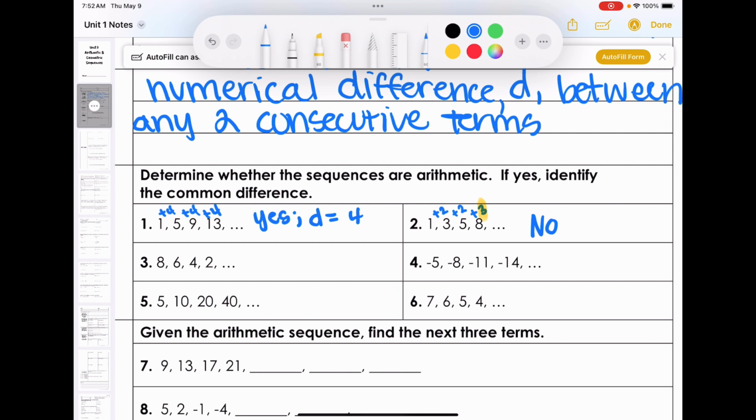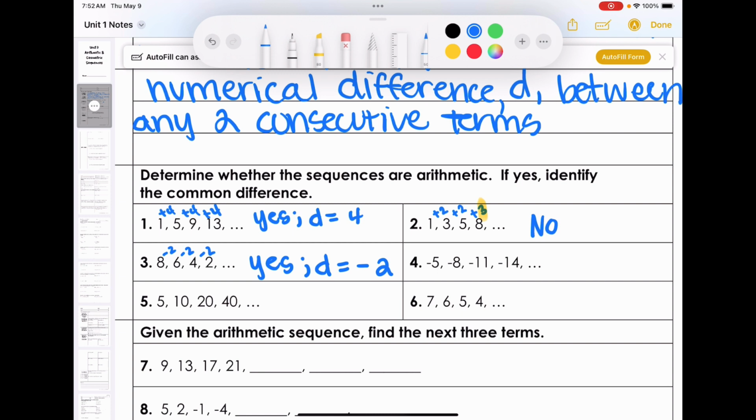All right, number 3, 8, 6, 4, 2. So we're subtracting 2, subtracting 2, and subtracting 2. So yes, this is an arithmetic sequence, and our common difference is going to be a negative 2 because we are subtracting by 2 every time.